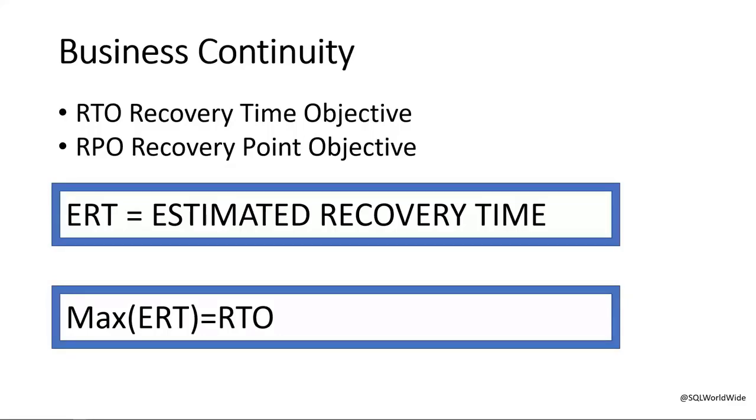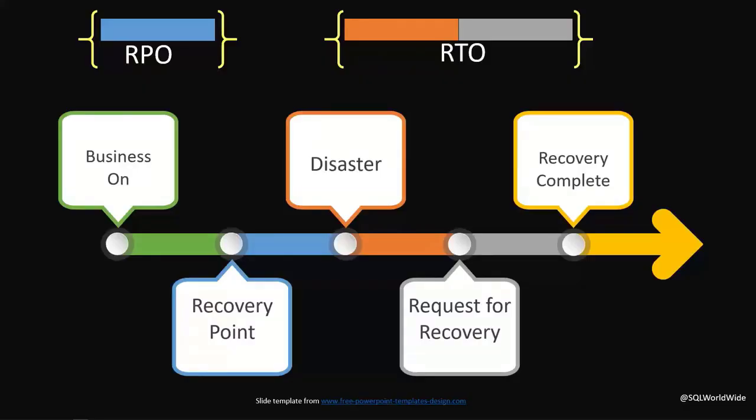You can have different ERTs during different disasters or scenarios, but your max ERT cannot exceed whatever RTO you decide. To put all this in graphics, I put this slide so it's a little easier to understand what I mean by RPO and RTO.